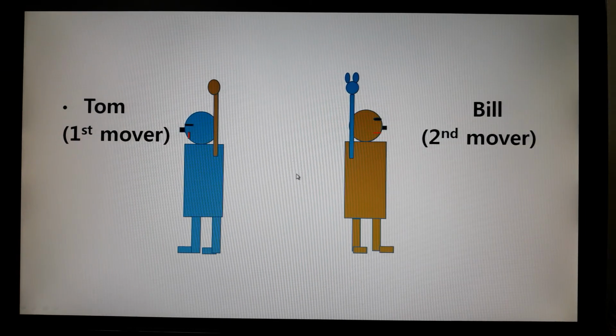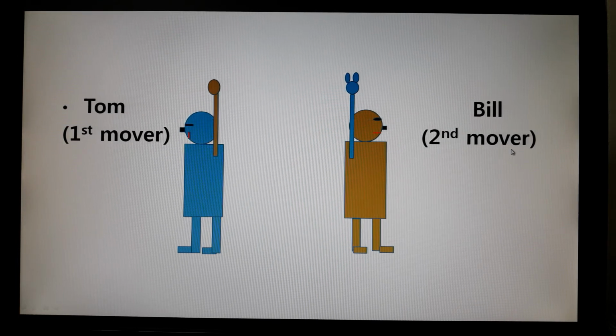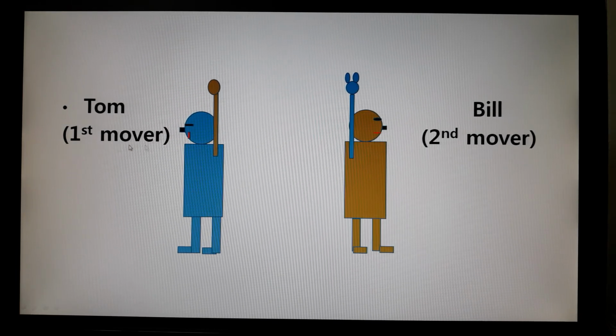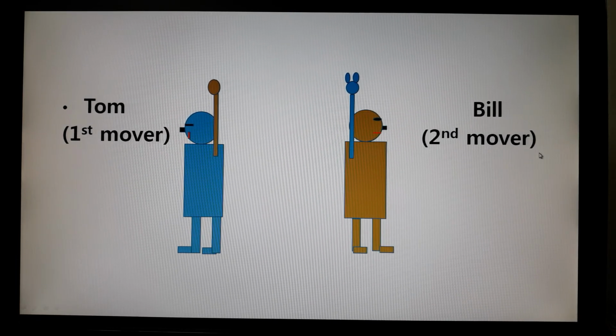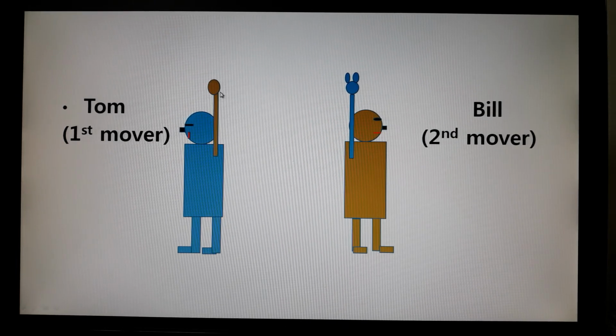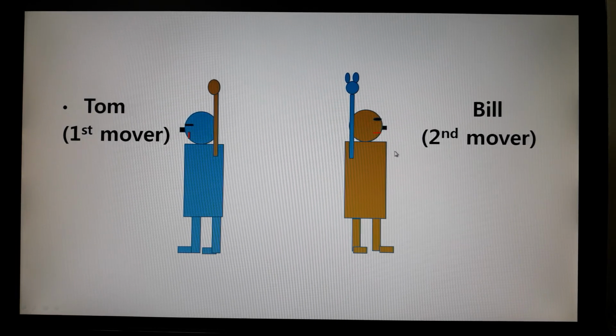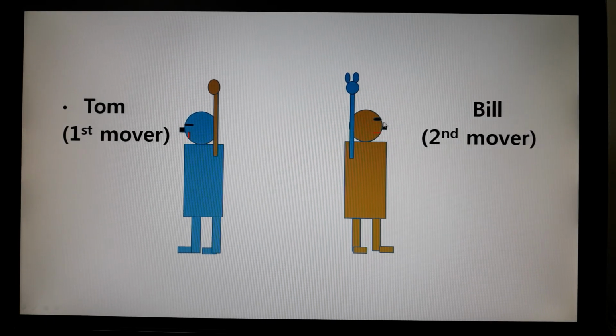Like this game. Tom is playing, Bill is playing. Tom is the first mover, Bill is the second mover. Basically, Tom gives rock. But then Bill faces the opposite side. So Bill has to choose rock, scissors, paper, but Bill cannot see what Tom has chosen.